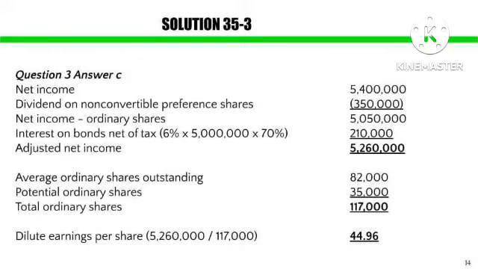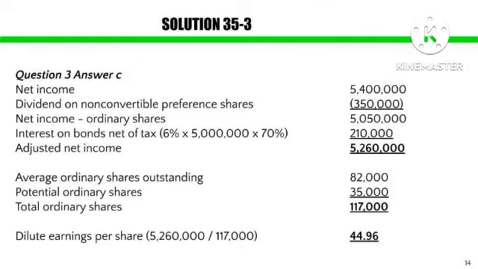To compute the adjusted net income, we take the total net income of 5,400,000 minus the dividend on non-convertible preference shares of 350,000, which gives the net income for ordinary shares of 5,050,000. The interest on bonds net of tax is 6% times 5 million pesos multiplied by 70%. The total adjusted net income is 5,260,000.